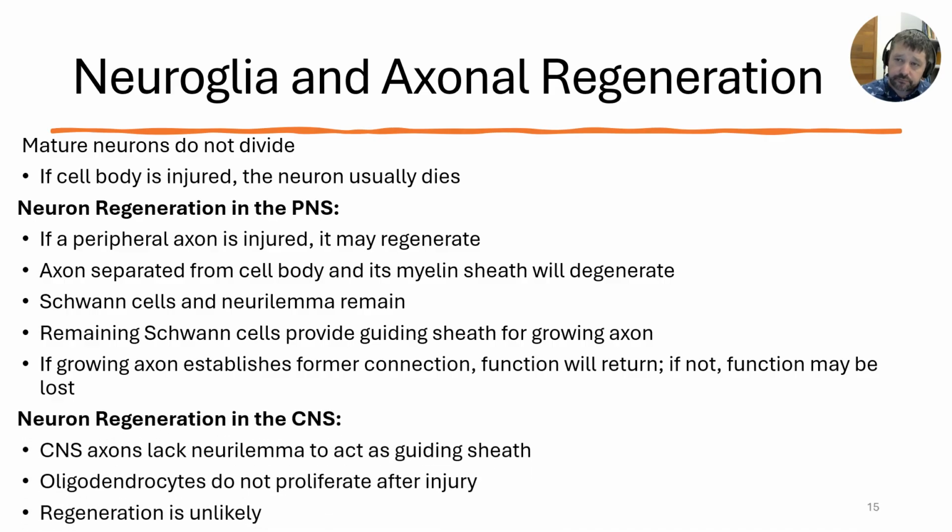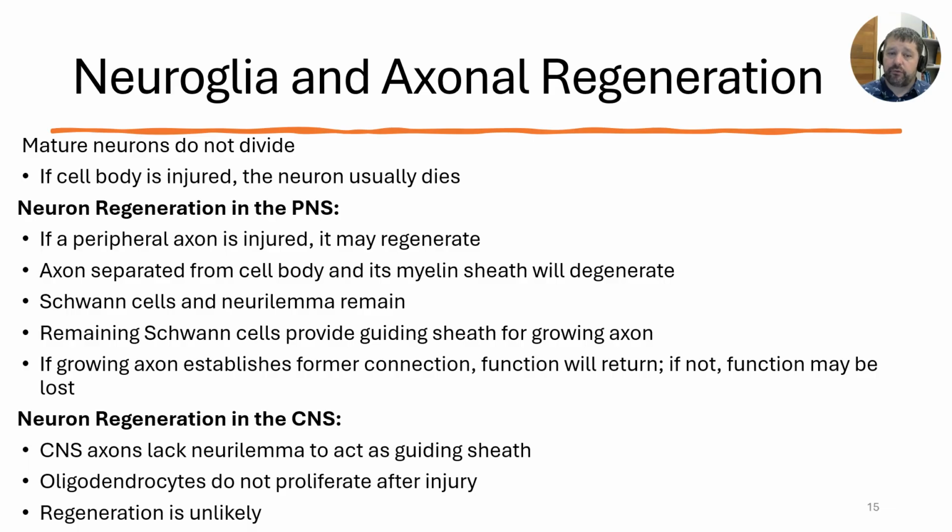Okay. In the central nervous system, it's highly unlikely that regeneration will occur, just because oligodendrocytes do not proliferate. They do not come in and lay down new myelin sheath after an injury. So it's fairly unlikely that the material will regenerate.